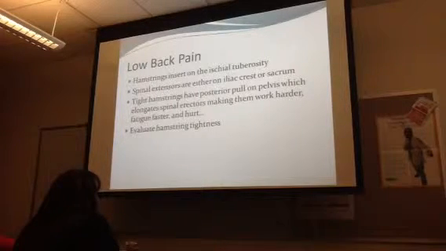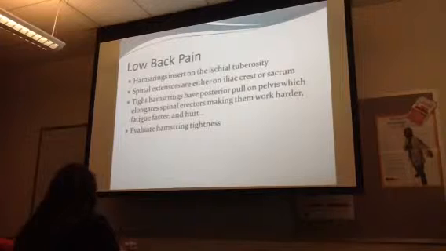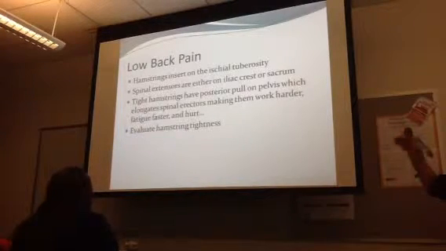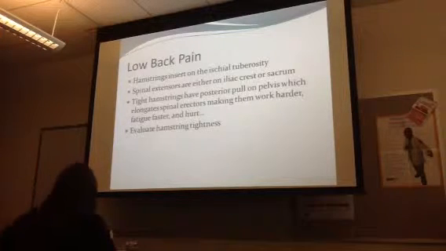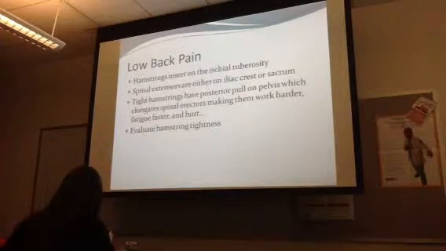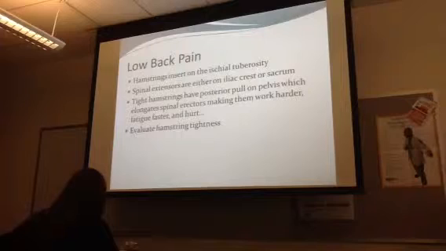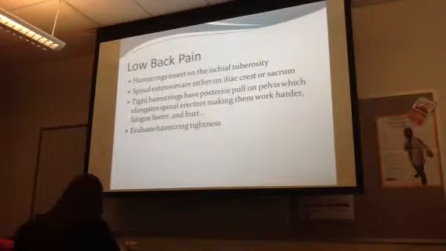Okay. So, a little bit else that can go into low back pain is tightness in the hamstrings, glutes, piriformis. Since those cross the hip joint as well, that can pull a lot of pressure on the pelvis, and just having those lumbar muscles getting tighter, causing that low back pain.